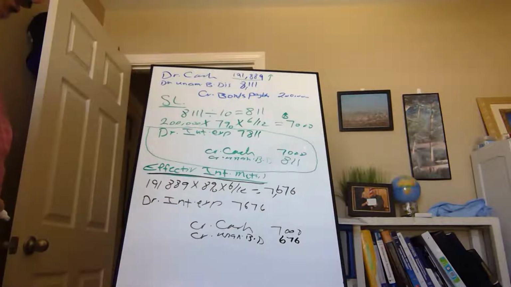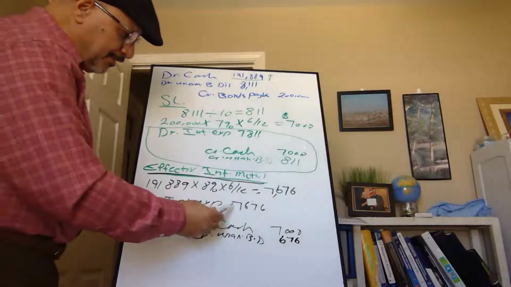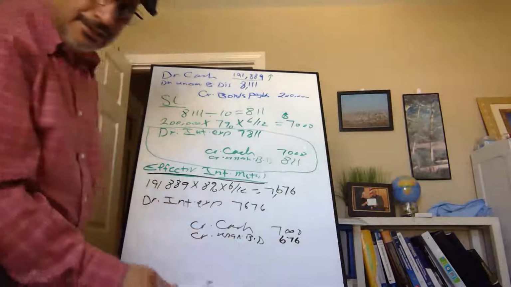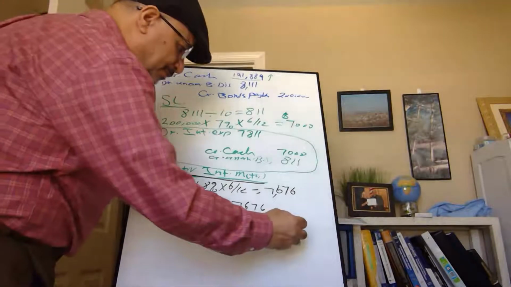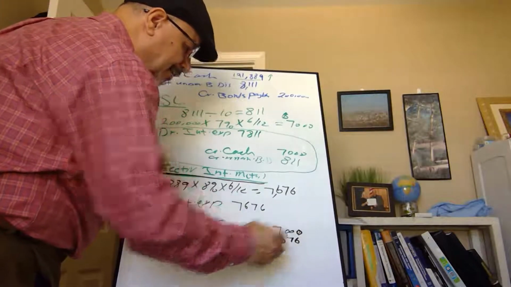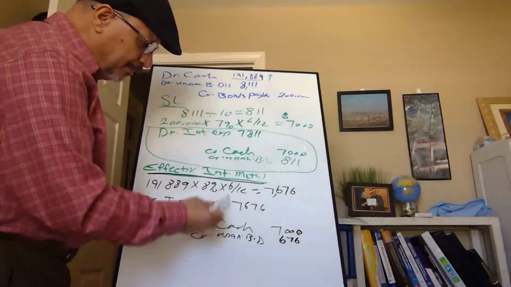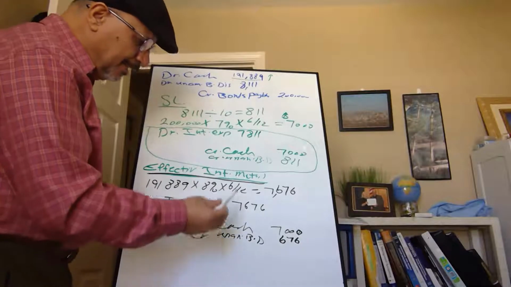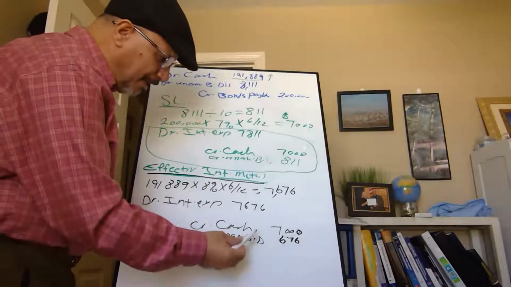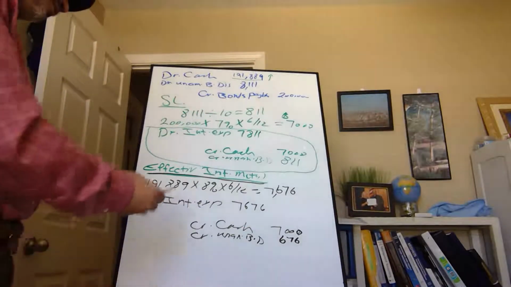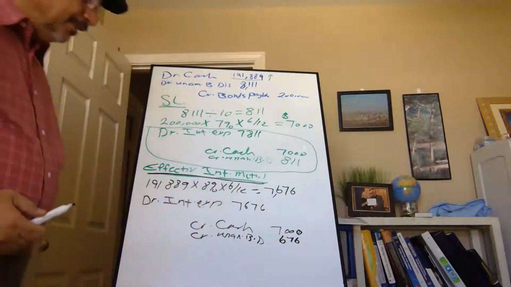Okay, debit interest expense 7,676. Cash, that's the obligated payment that we make for the bondholders, and we credit to make up the difference. Credit unamortized bond discount for 676. Okay, in this case, the debit equals the credit.